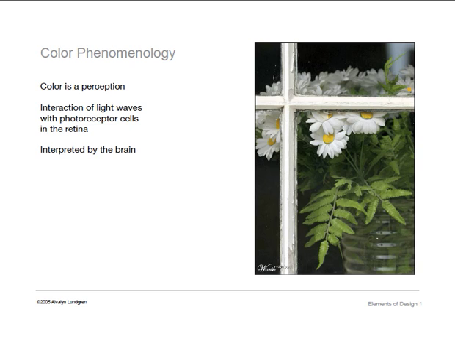And what happens is that light interacts with the photoreceptor cells on your retina and stimulates those cells to create opsons and send those opsons down the optic nerve to the visual center of the brain, where we interpret the yellow and the white and the green and the blacks and the grays and everything that's in this image. But it's not really there. We're seeing it, but it's not really there.